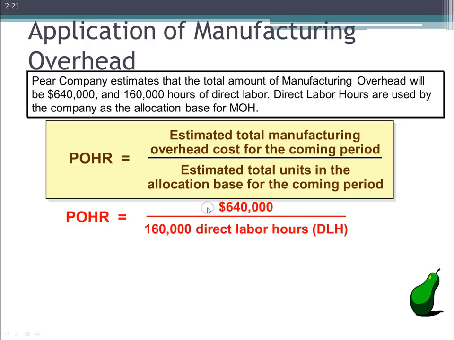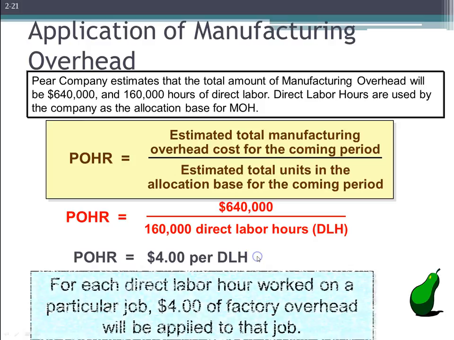Very simple. We just plug those into the formula here. Remember, the estimate of manufacturing overhead divided by the estimate of the allocation base we plan on using. Divide that out, and it's $4, right, per direct labor hour. And what that means is in every job that we have, for each direct labor hour that that job uses, we will apply $4 of overhead to it.